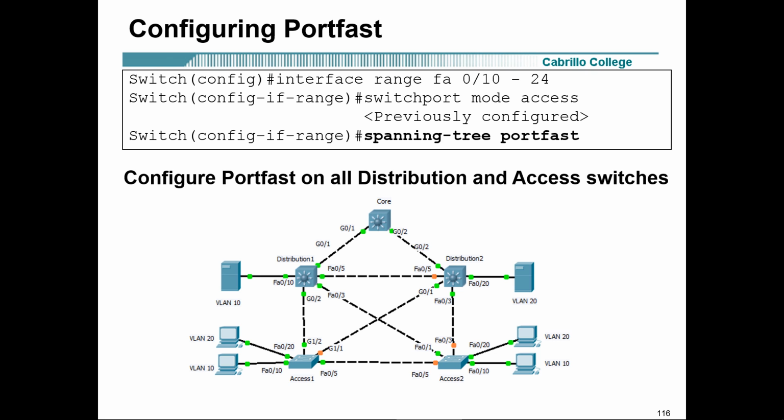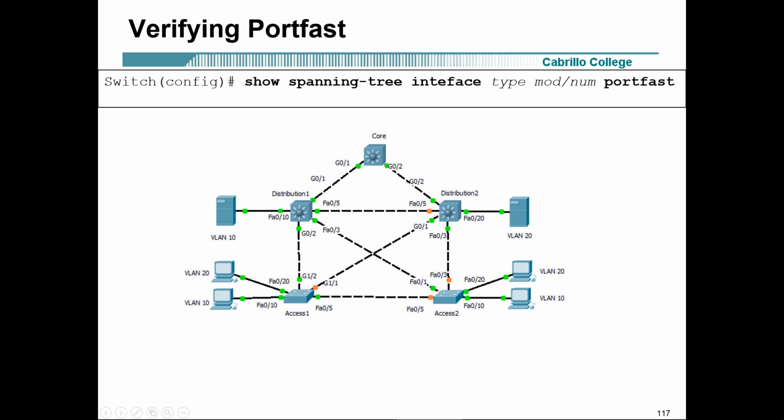So again, to configure our port fast, we can do it in the range, and then spanning-tree portfast. If we want to verify that port fast is functioning, we can do a show spanning-tree interface, the specific interface, and the word portfast.